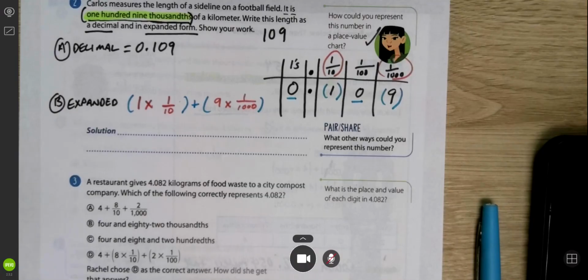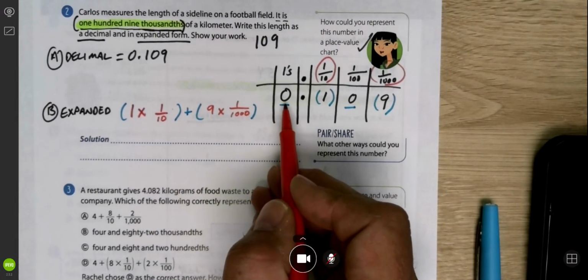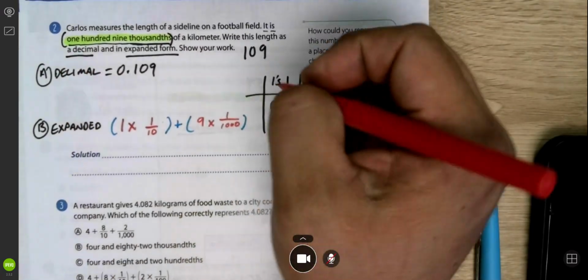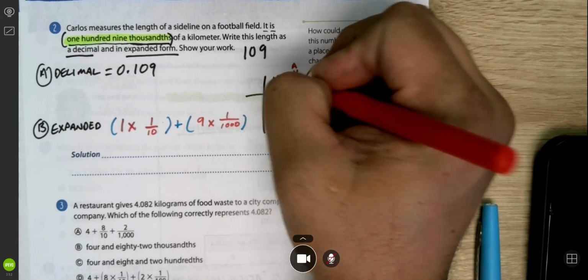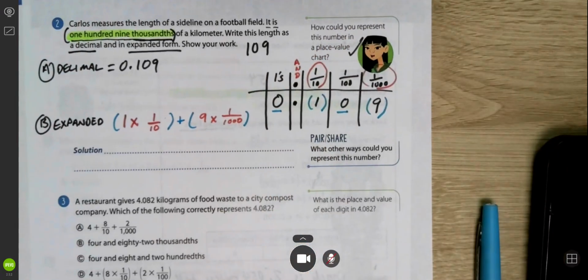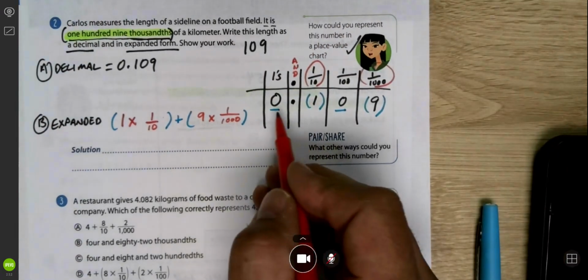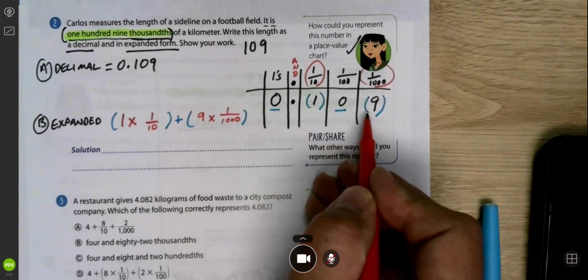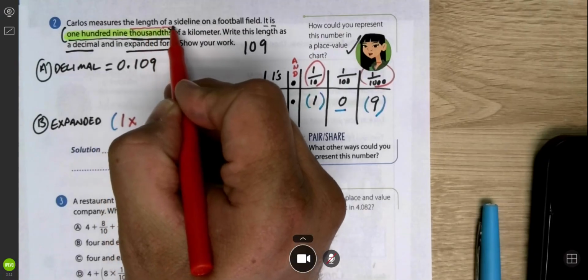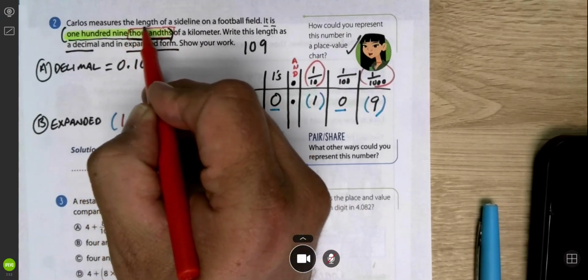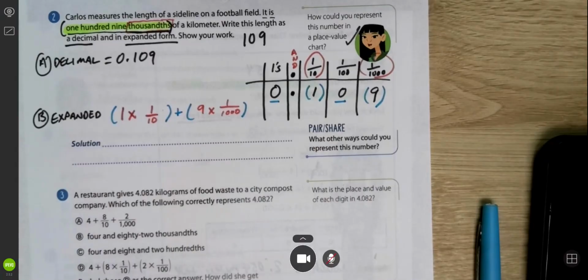So, by using the place value chart and our understanding of that word "and" and that decimal right there, we were able to look at the word form, put our number where it goes with our understanding of where the decimal has to reach out to. We put it in the correct location, and then we could work back and use the expanded form.